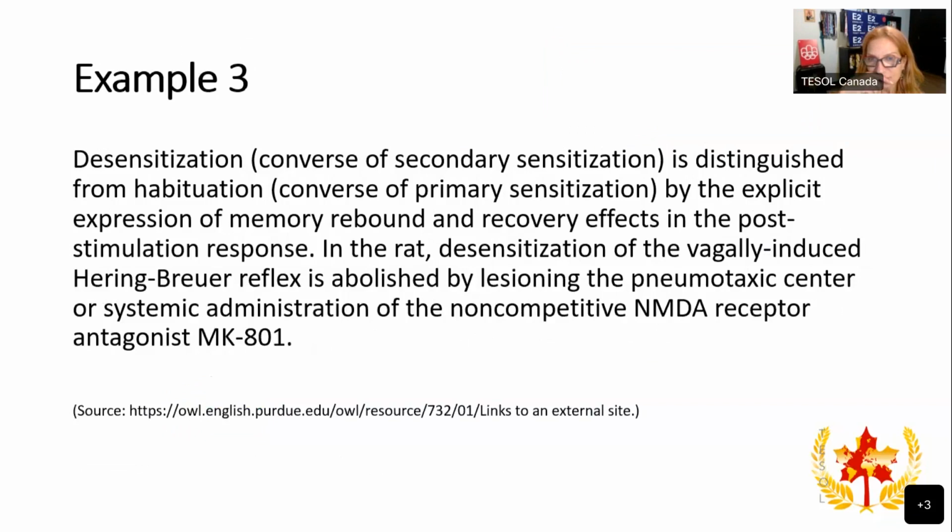Health. Okay, health. I think it's talking about some cognitive things. It has a pneumotaxic center. So I just got this word and it's related to health, I guess. It's a kind of scientific text, but I'm not sure if it's psychology or science.